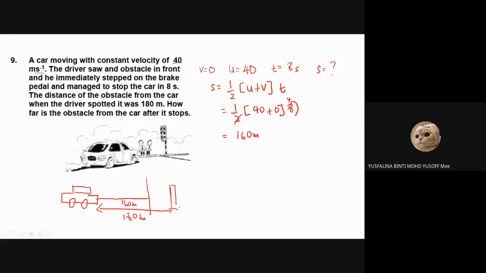The question asks how far the obstacle is from the car after it stopped. The car stopped right here, so the distance between the obstacle and the car is 180 minus 160. The answer should be 20 meters.